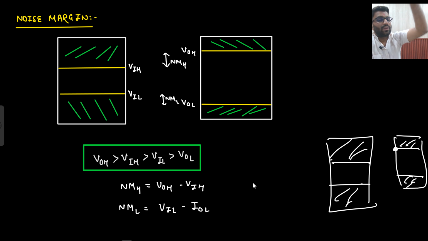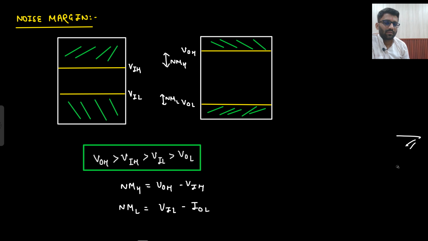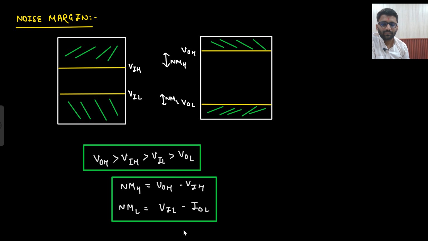So VOH was the highest, then VIH, then VIL, and then VOL. So this is the order. You should be able to remember this, and these are the noise margins. So noise margin high, noise margin low, and the final noise margin will be taken as the minimum of these two.